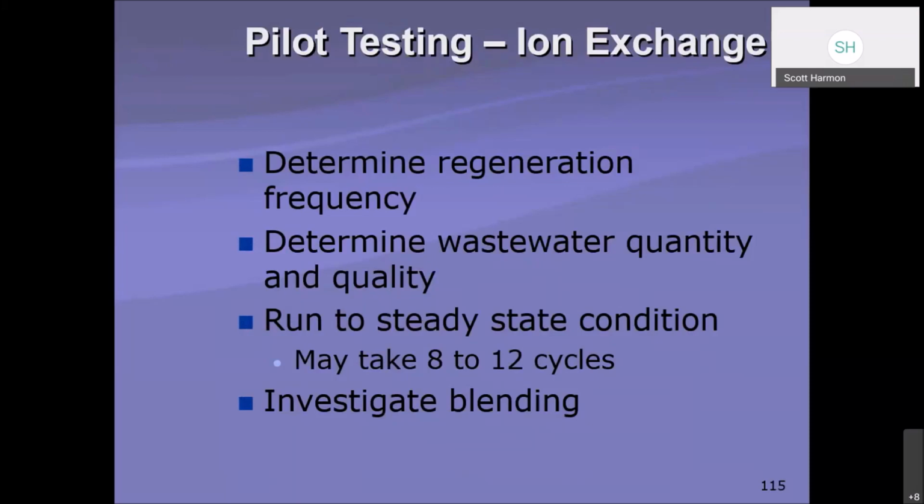And you can also investigate blending of waters of two different qualities, water with a higher arsenic blended in with water of lower arsenic, and see how that reacts inside of the ion exchange tanks, and whether that gives you longer run times or not.